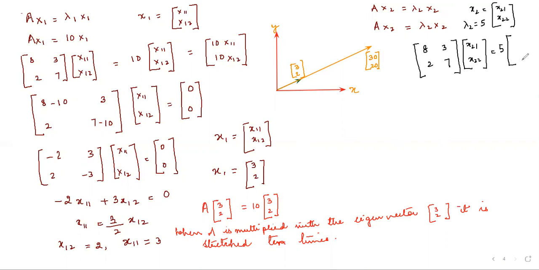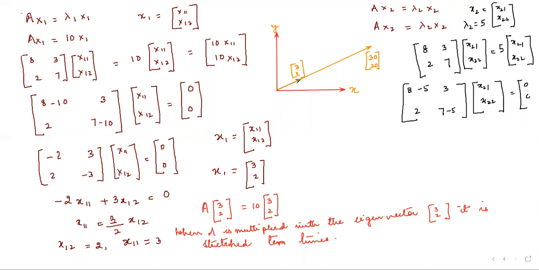So we have x21 and x22, and we could write here 8 minus 5, 3, 2, 7 minus 5, times x21, x22, and this becomes 0, 0.